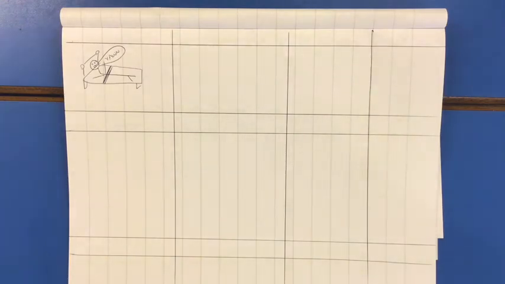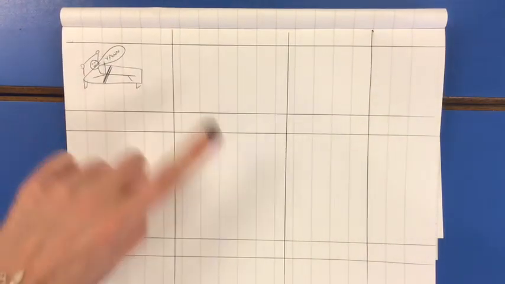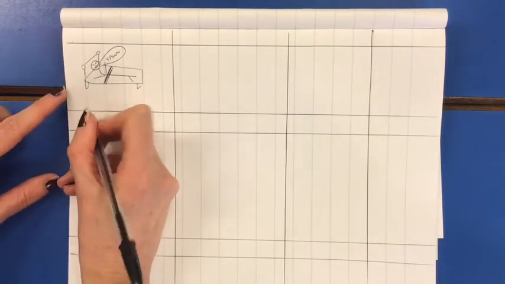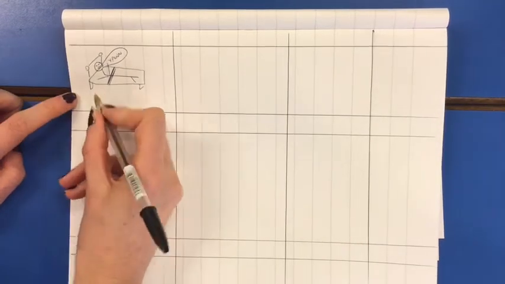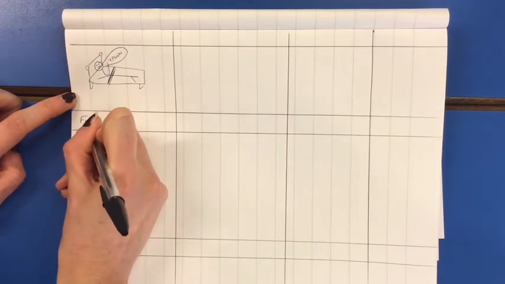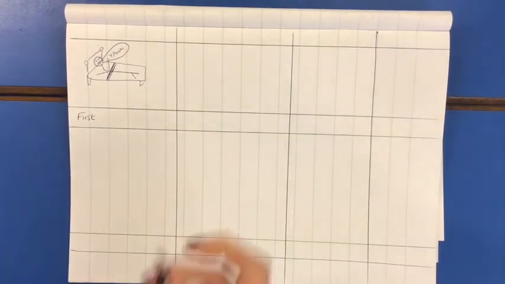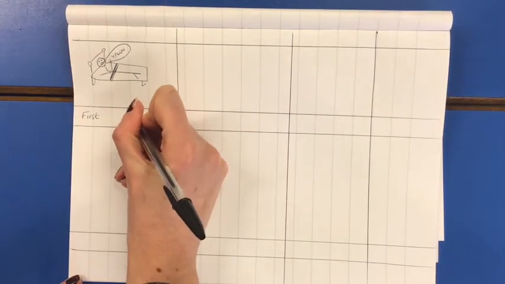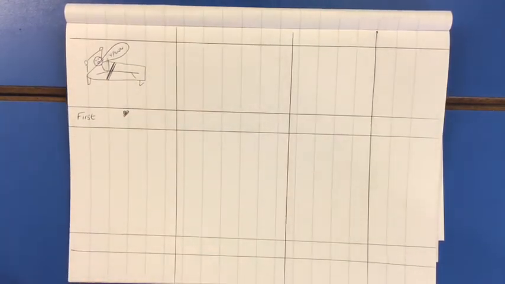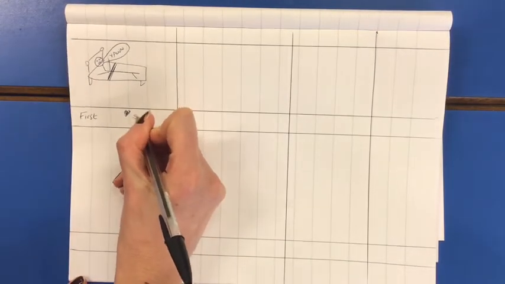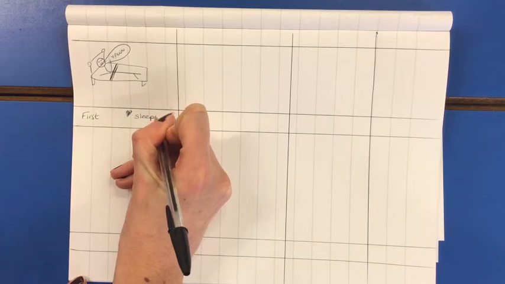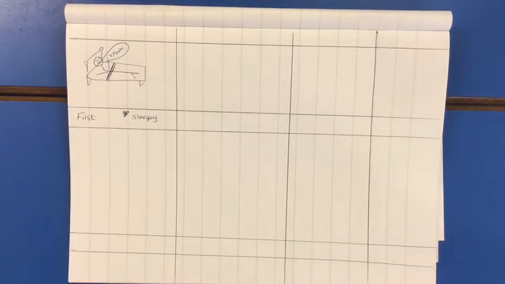I'm waking up, of course. So there's my picture. Underneath, I might think of using the time word first. So first I woke up, and my feeling, my plan, I was feeling very sleepy this morning. Okay, it's just a little plan here, so you haven't got to write in full sentences, it's just a guide for you to follow when you do your big write.